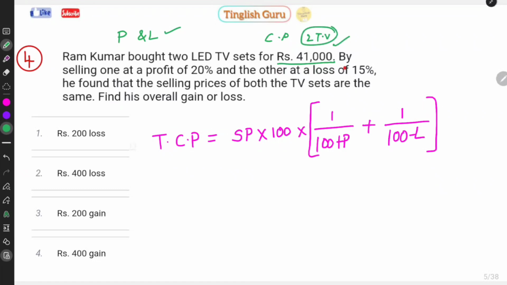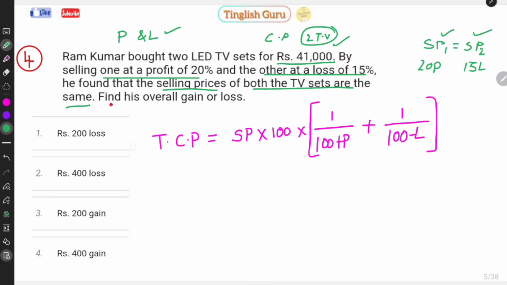By selling one at a profit of 20% and the other at a loss of 15%, he found that the selling prices of both the TV sets are same. That means SP1 is equal to SP2. Here it is 20% profit and here it is 15% loss, but still these selling prices are equal.